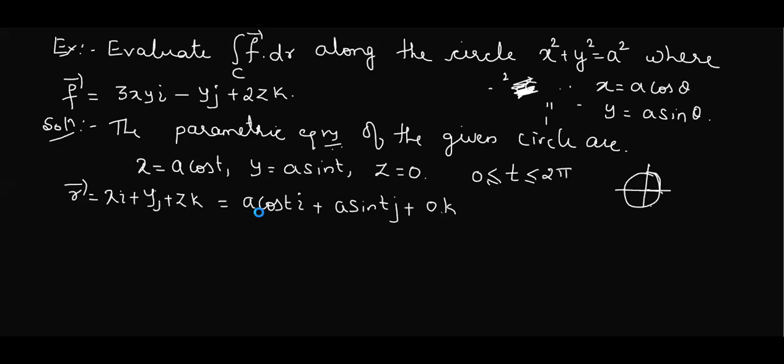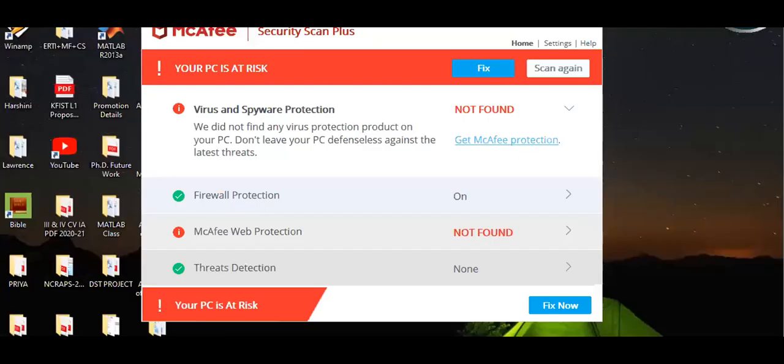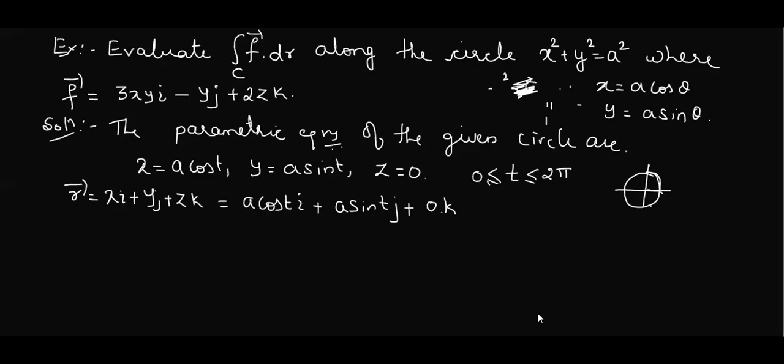So to find the line integral, if you differentiate this R with respect to t, what is the differentiation of a cos t? a is constant, the derivative of cos t is minus sin. So it is minus a sin t i.